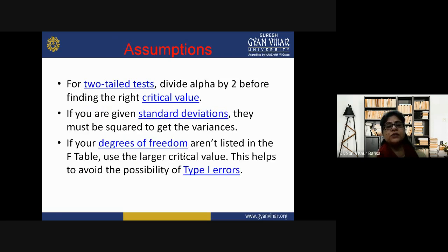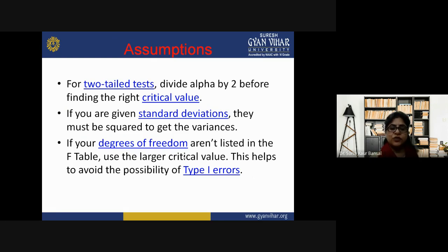Now assumptions for a two-tailed test. Divide alpha by 2 before finding the right critical value. When you have a two-tailed test, divide your alpha value by 2. Whatever alpha value you have got from seeing the table, you divide it by 2 before finding the right critical value for your test.